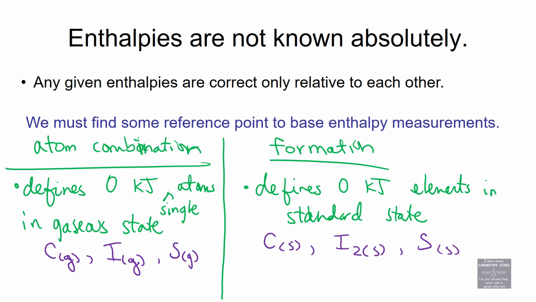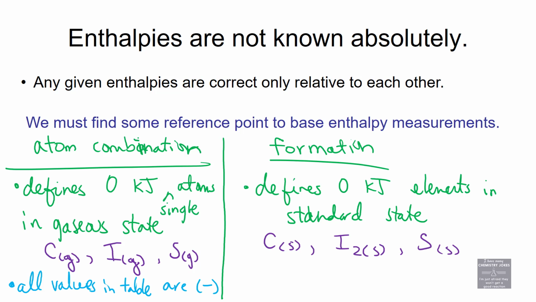So one thing I want to point out, and then we're moving along: because single elements in their gaseous state are 0 in atom combination enthalpy, all values in the table are negative. Because you're combining atoms to make bonds, like when we made water a moment ago.